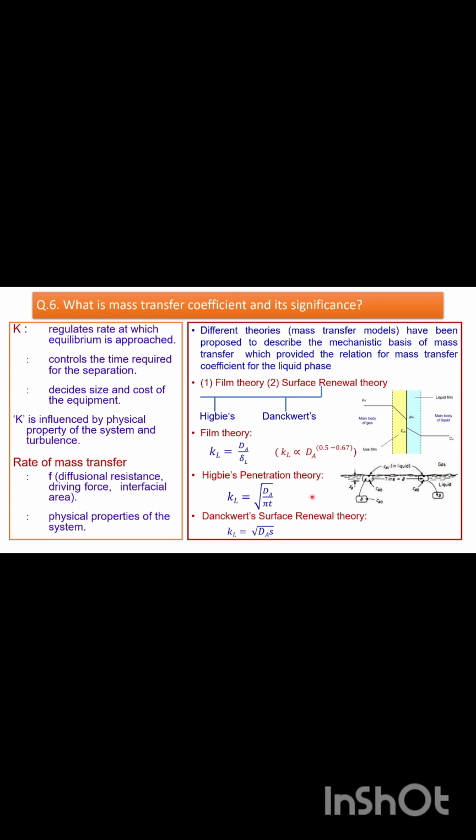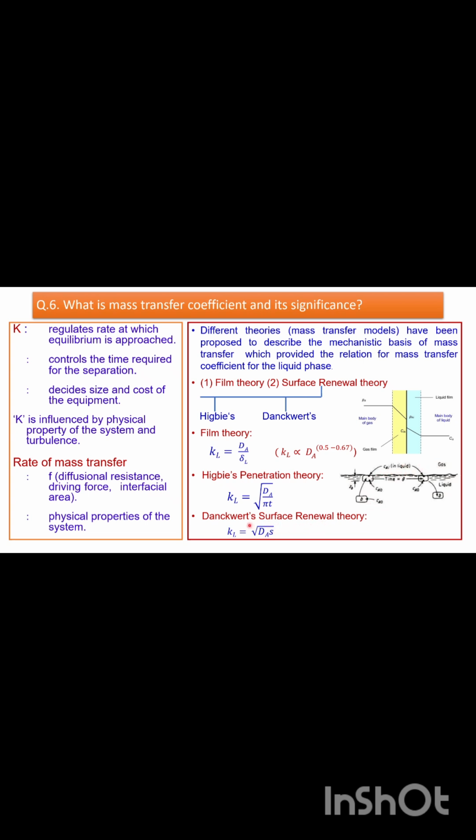He suggested that all the liquid elements will not have the same residence time at the interface, and there will be a distribution of time. That means all the liquid elements will not spend the same length of time at the interface.